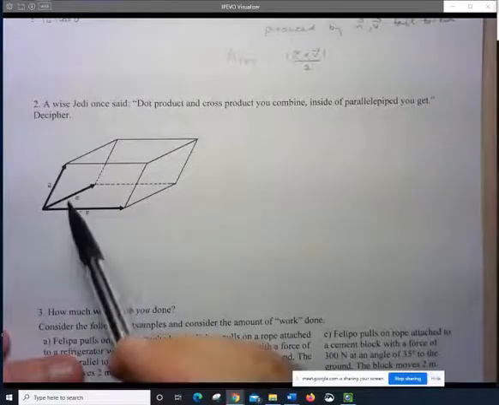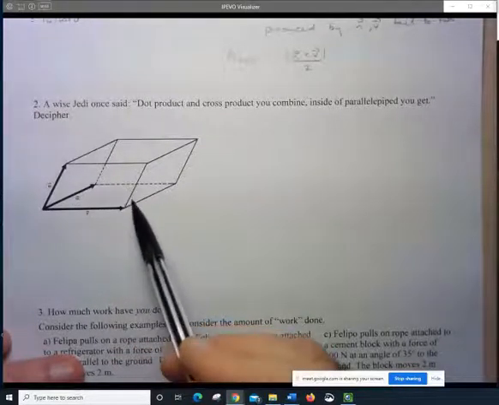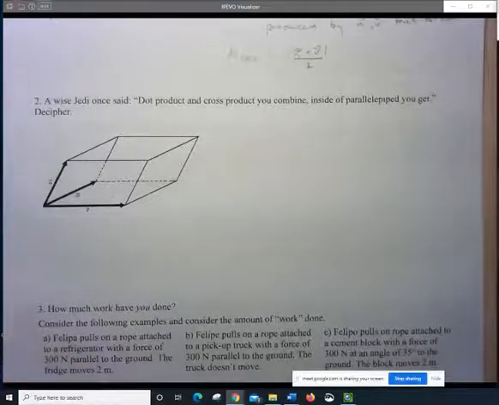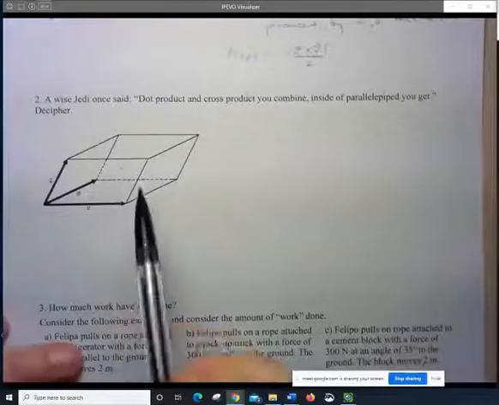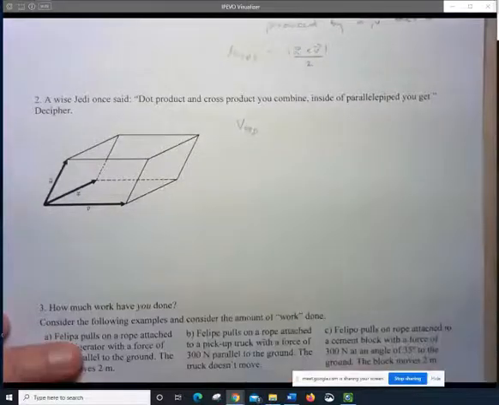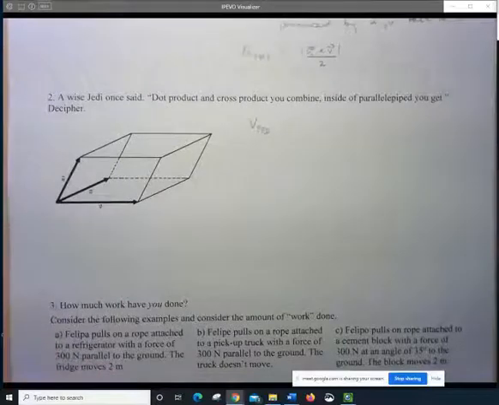Well, now I realize that I have a way of determining the area of the base of this shape, okay? Now, we're not going to prove this in any sort of way, but we're just going to use our reasoning here that the volume of this parallelepiped, well, anybody want to guess what the volume of the parallelepiped is given by?